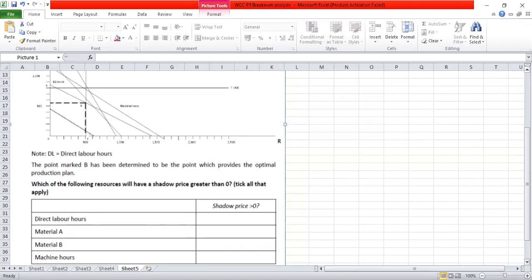Every additional unit of the resource consumed generates additional contribution, which is the shadow price. So among these 4 constraints, which ones have a shadow price has to be mentioned.